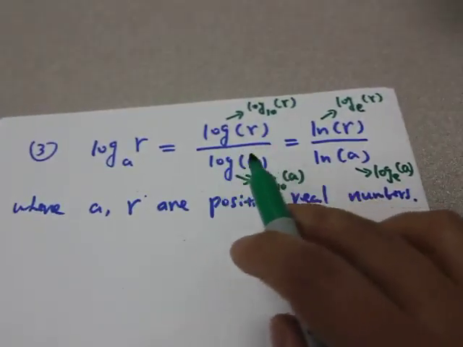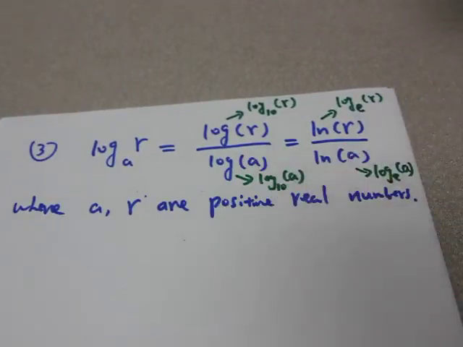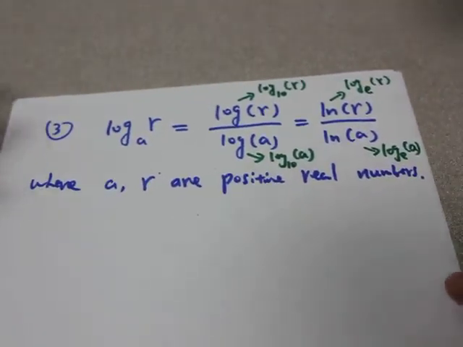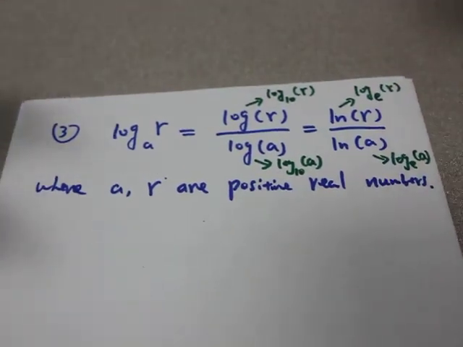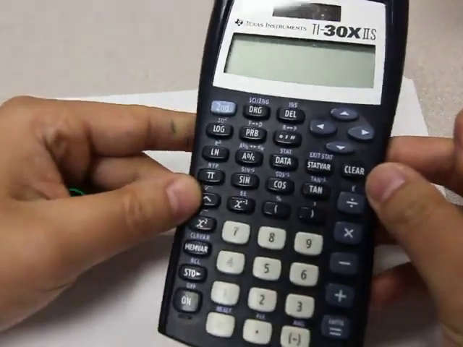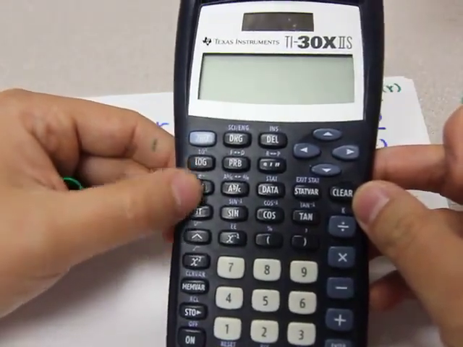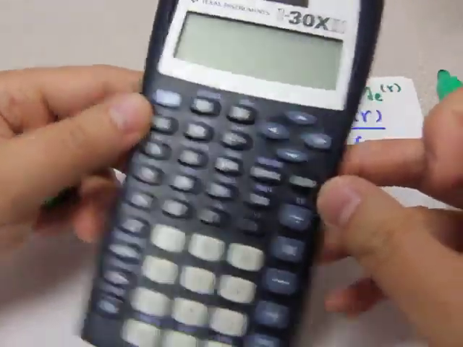Now why is this property useful? In the previous lectures we have seen that for the common logarithm and the natural logarithm, we are able to use the calculator to find them, right?